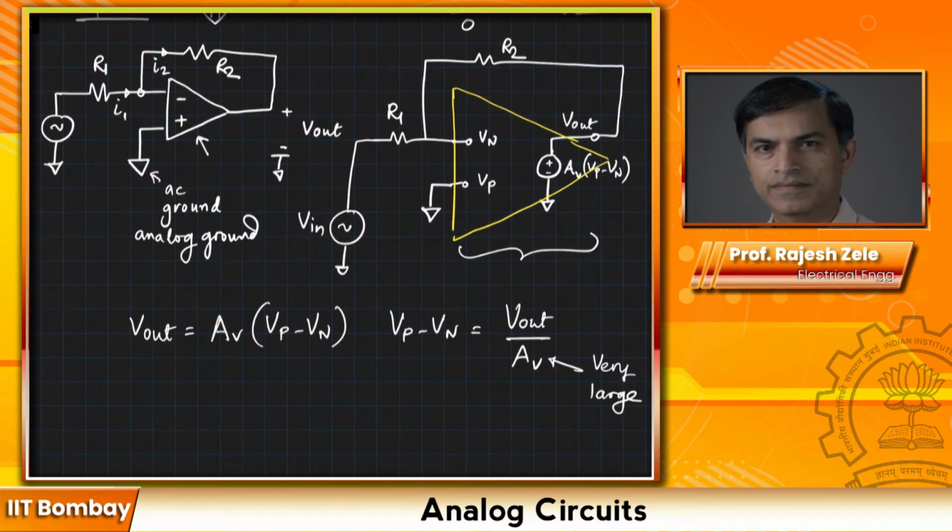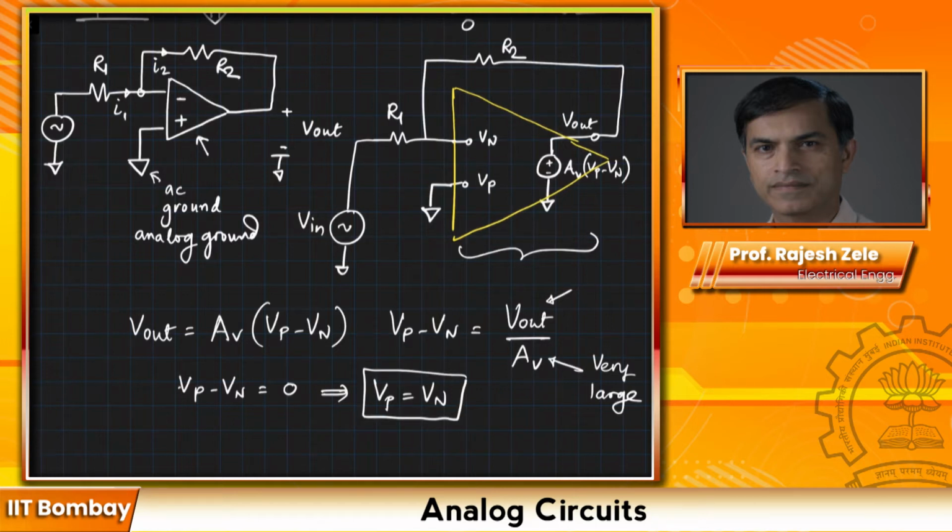Very large means it could be a million or things like that. So the voltage Vout by definition is going to range between 0 and VDD. If you divide that by a million, you're going to say that, hey, Vp minus Vn is almost equal to 0, and that tells us Vp is equal to Vn.